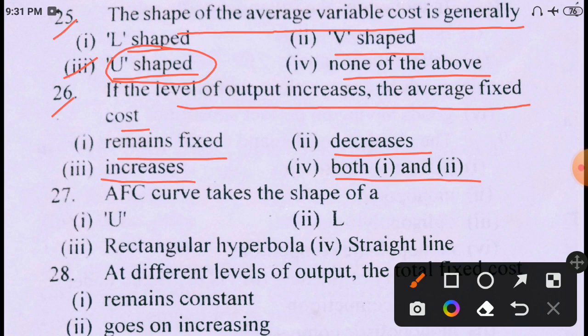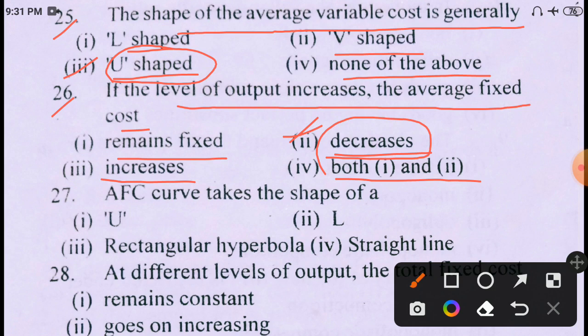So the correct answer is decreases. If the level of output increases, the average fixed cost decreases. Total fixed cost remains fixed, but average fixed cost decreases. Answer (ii).